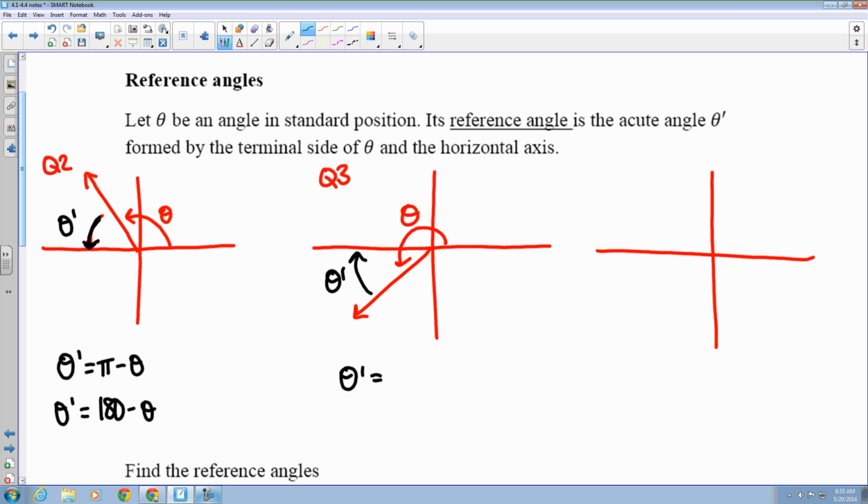The equation for theta prime in quadrant 3 is to take our angle and subtract off pi, since our angle is going to be bigger than pi, but we want to figure out what that difference is, or subtract 180 if we're in degree mode.